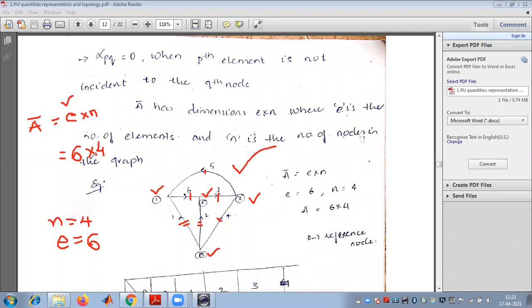Okay. Now let us see how we are going to determine the element node incidence matrix. One thing is clear: your final result must be of size 6 by 4. Now in order to explain in detail, I'm going to form a matrix here with the size 6 by 4.